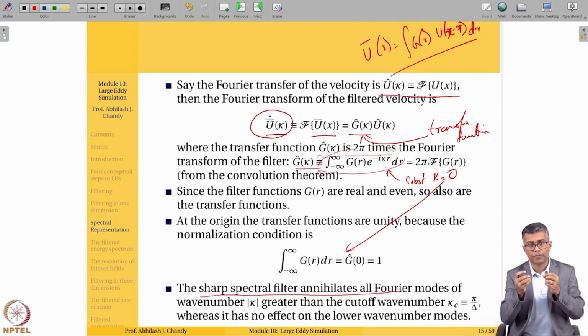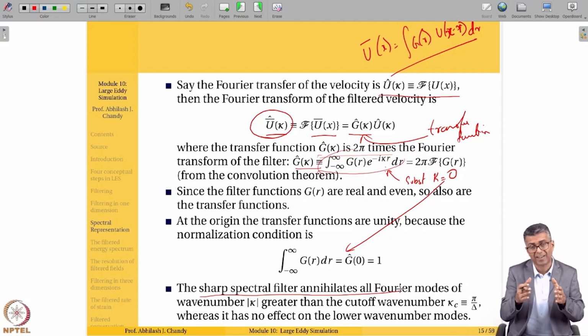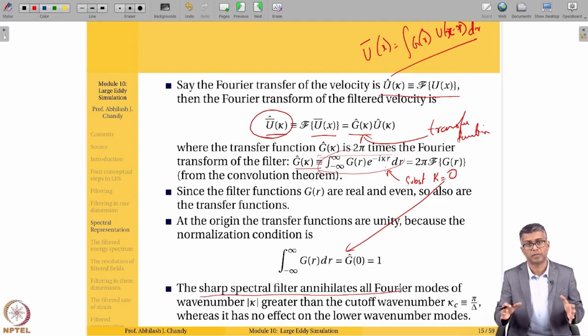Remember, every filter is associated with a filter width. That filter width takes into consideration only motions or scales larger than that filter width. Everything inside or below that filter width is not considered, it is modeled, right? So they are not resolved.